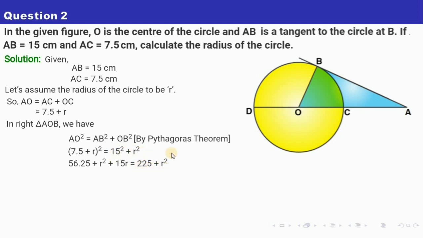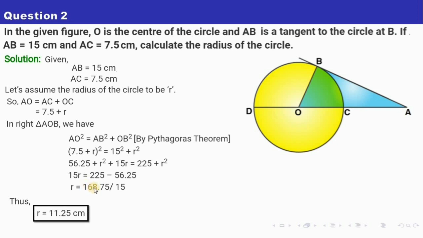Now here r square and this r square can be removed. So from here if you calculate the value of r, it turns out to be 168.75 divided by 15, which is nothing but 11.25 centimeter. Alright, so you will verify these values by yourself. So you may pause the video to note down.